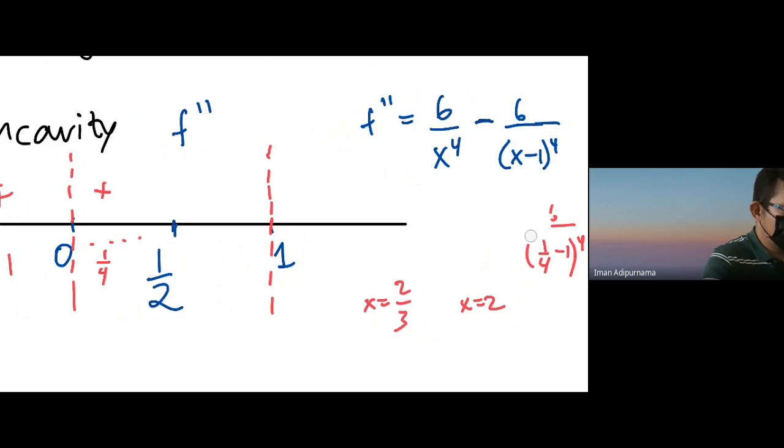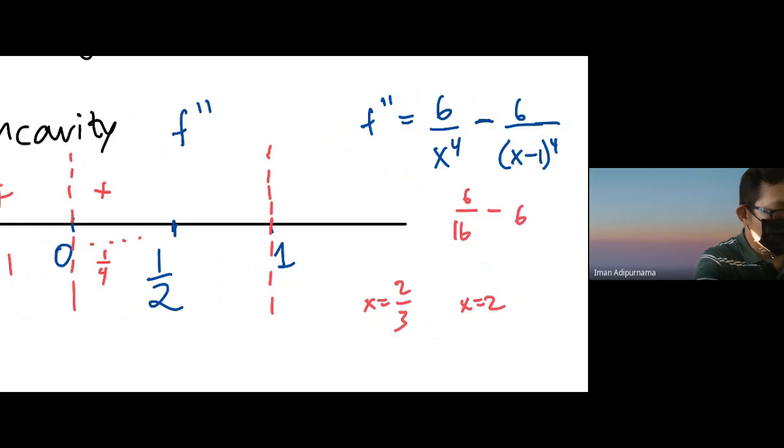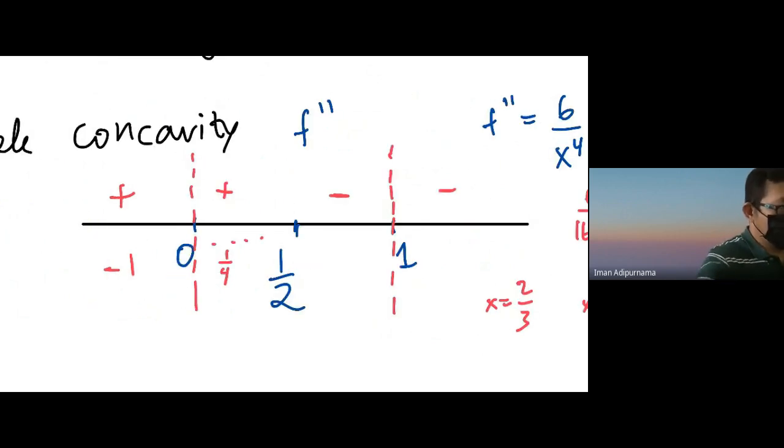Checking x equal 2, 16 is negative here. So this will be negative, negative, so positive, positive, negative, negative.